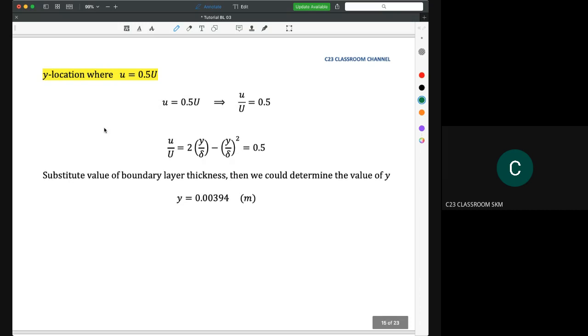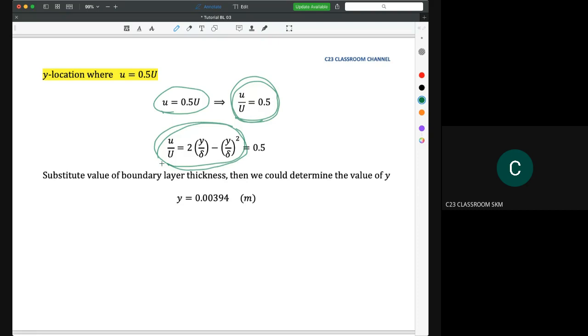So, let's say we need to calculate the value of the y location where u equals 0.5 capital U. The term u equals 0.5 capital U can be written as u over U equals 0.5. Previously the velocity profile is given like this: u over U equal to 2y over delta minus y square over delta square.